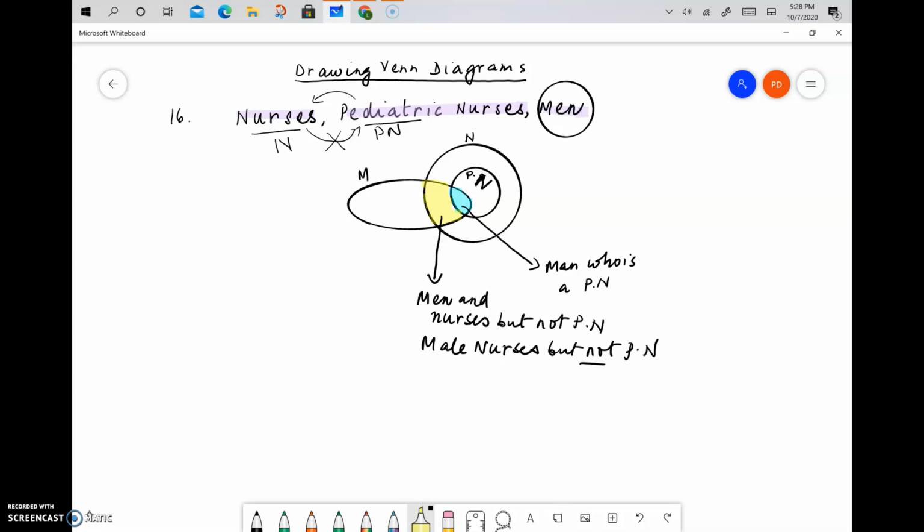Now the last region, let's look at this region. So that would be men for sure, because they're in the set of all men. They are definitely not nurses.